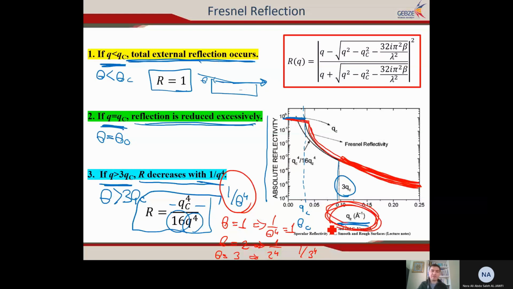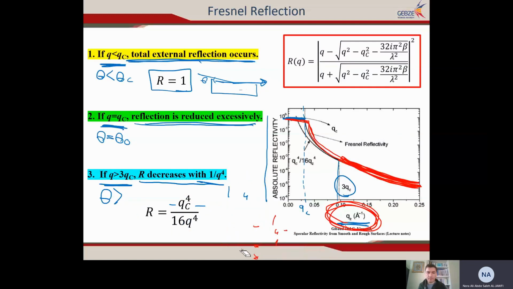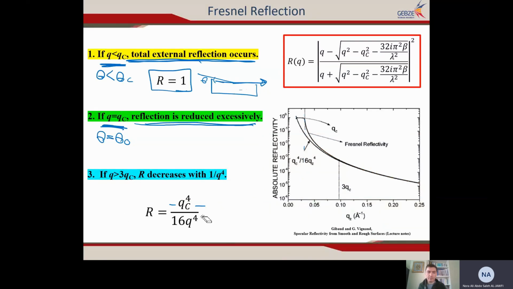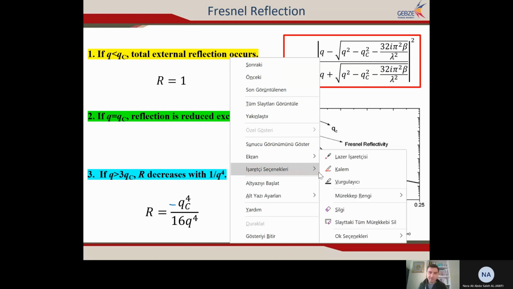Any question here? Teacher, I just have a small question. Here we are considering the surface is straight, right? I mean, it's not curved or a parabola. If we get a curved surface or parabola, we're going to get totally different results? Okay, we are talking about thin films with flat surfaces.